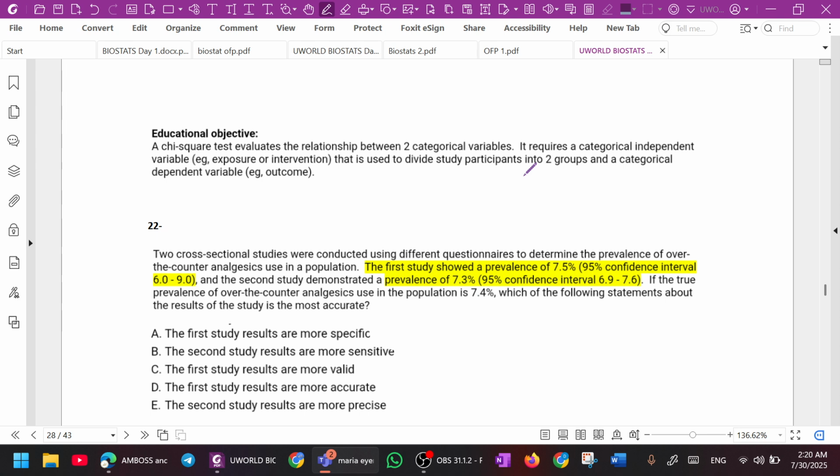The second study demonstrated a prevalence of 7.3%, confidence interval 6.9 to 7.6. If the true prevalence of over-the-counter analgesic use in the population is 7.4, which of the following statements about the results of these studies is most accurate?